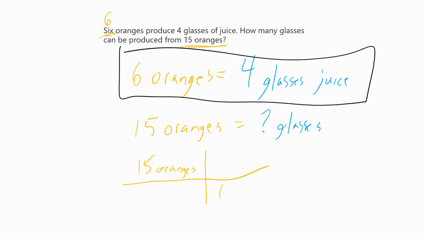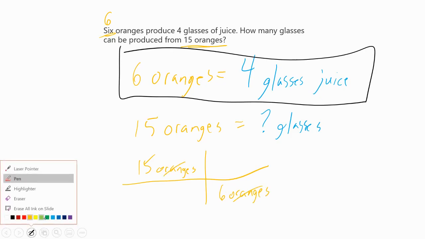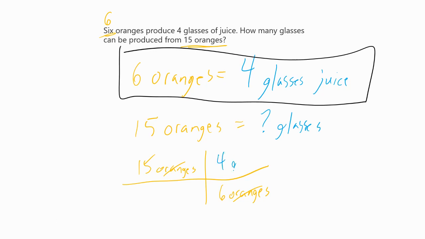So 6 oranges will cancel the oranges, and then the 4 glasses of juice is what those are equal to. So we'll have 4 glasses up here. And then we do the math that we were just seeing. So it's 15 times 4 divided by 6, which equals 60 divided by 6, which equals 10.